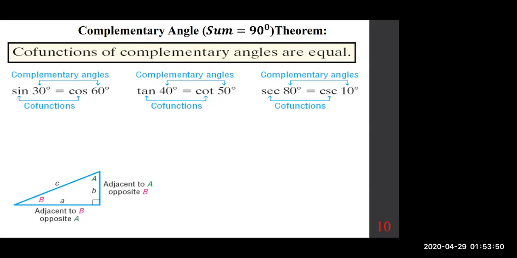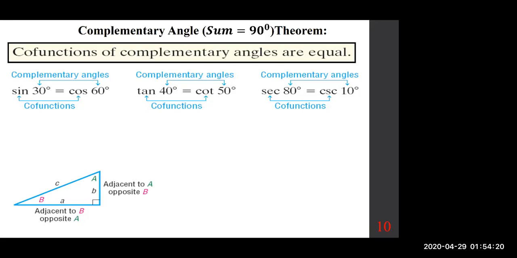I hope you remember that. We did that previously. And so co-functions refer to the fact that if the angles are complementary, then we have some co-functions. That means sine of this equals cosine of that. Tan of this is equal to cotangent of that. Secant of this equals cosecant of that. And the most important thing is the sine and cosine, of course.